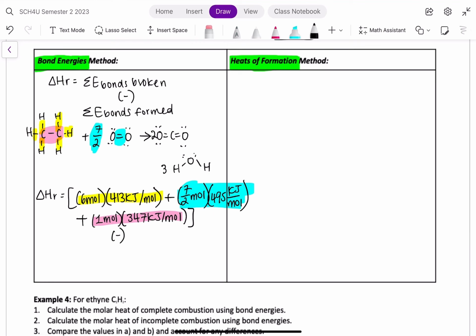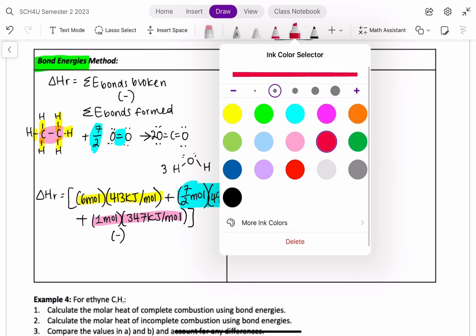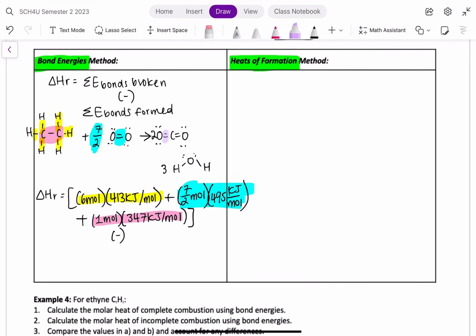So if I'm looking at my carbon dioxide, there are 2 double bonded carbon-oxygen bonds in one CO2 molecule, but there are 2 CO2 molecules.